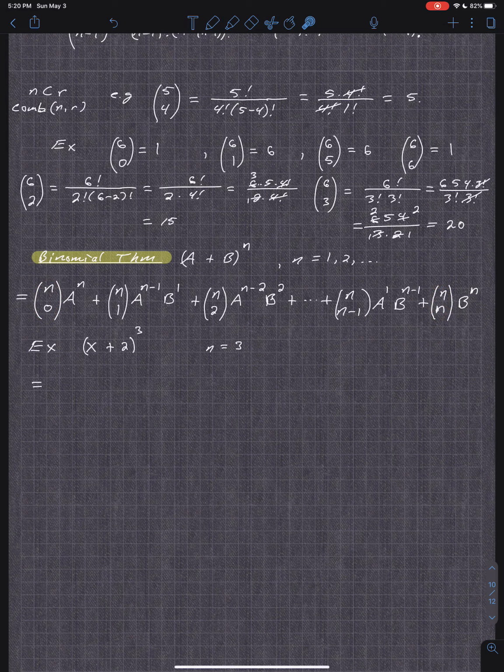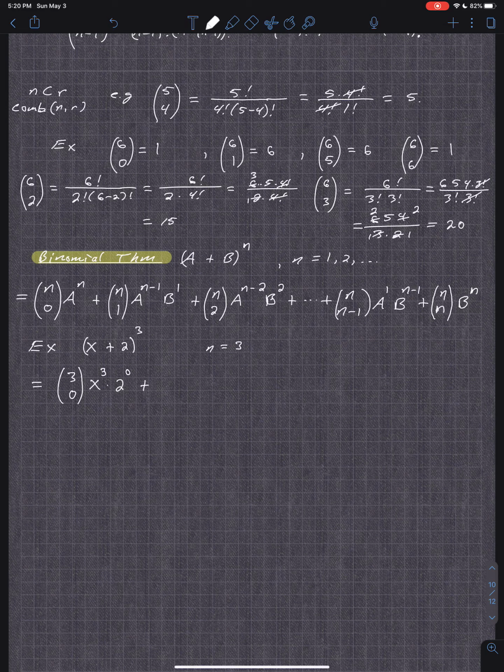So you say 3 choose 0, and then it's the variable, this is like your a, right here, and this is like your b. So it's x to the 3rd. Now the b is gone, but it's really times 2 to the 0, which is just 1.